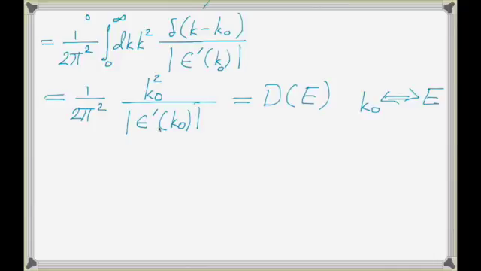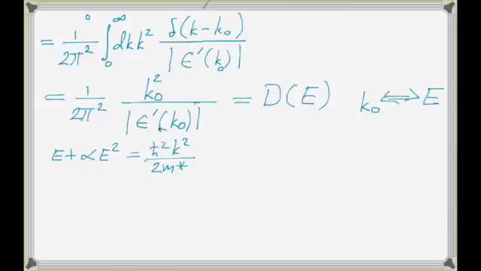So let's go back and look at our dispersion. We have E plus alpha E squared is h bar squared k squared over 2m star. That was our dispersion relationship.